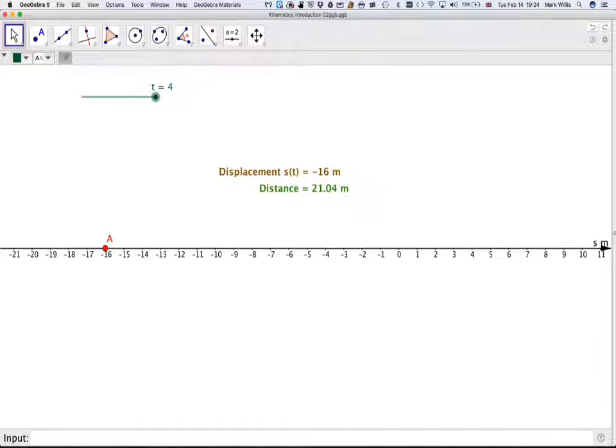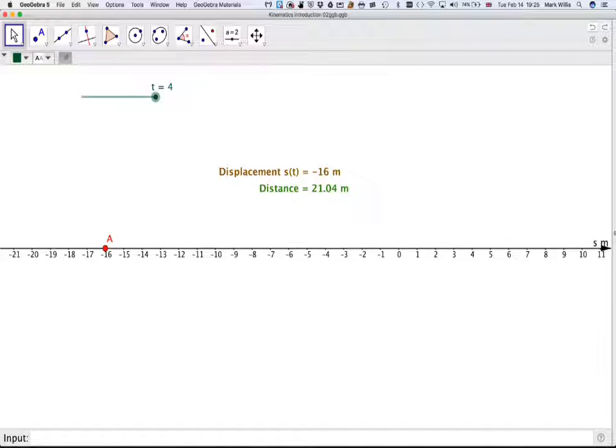But the total distance travelled is that bit and back again plus that bit there. Just look at that one more time. Again, this applet will be in the notes of the video. So time moves off to here, up to 2/3, and then it starts moving back. So displacement gets smaller again, because it's getting closer to 0, but then it goes off in the negative direction. But the total distance travelled will include that bit and all the way back to there.